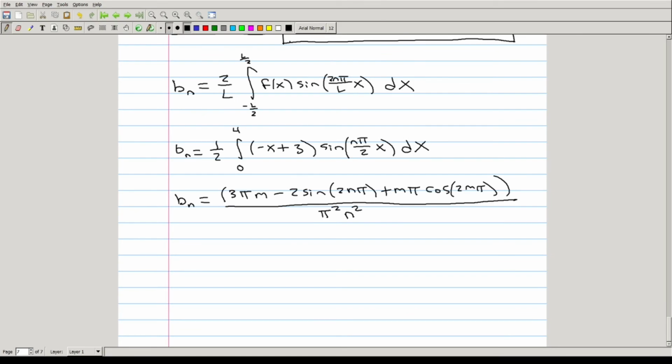And again, sine of 2n pi will always be 0 for any value of n, and cosine of 2n pi will always be equal to 1 for any value of n.